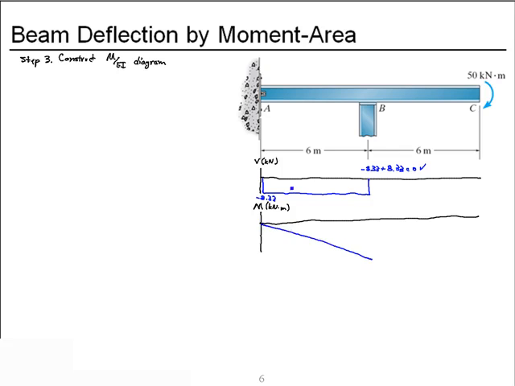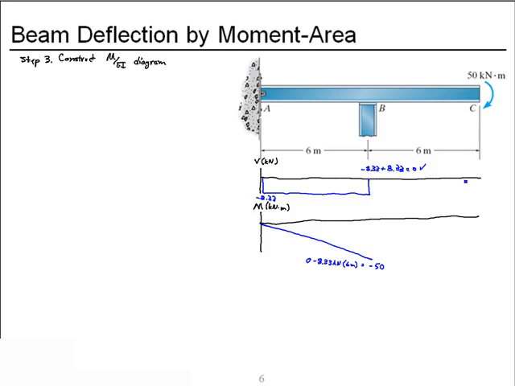It starts at 0. The change will be the 8.33 kilonewtons times the 6 meters, which is the area in this rectangle, and we'll get a negative 50 kilonewton meters.